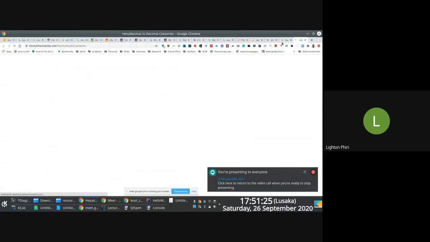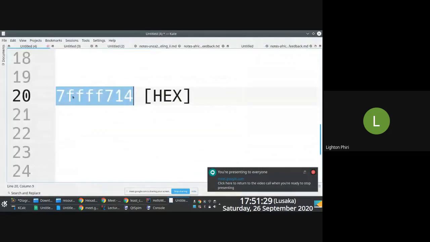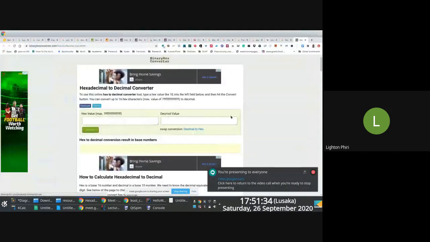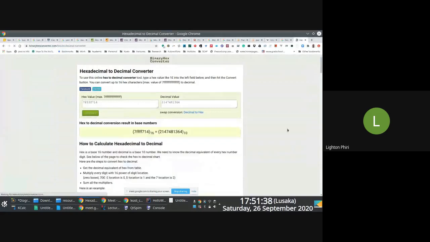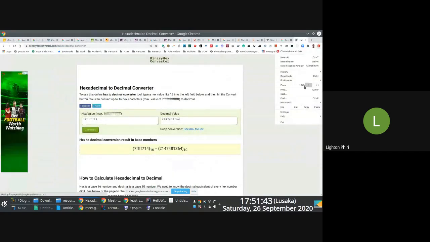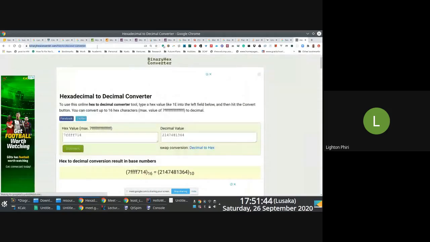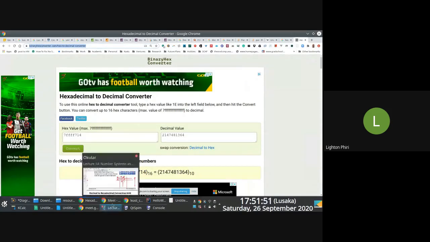Lighton asks you to convert 7FFFF414 to decimal, and you copy it, convert it, and type in that answer. If it's correct, fine, you get a free mark. These are open book assessments anyway. But unless it says explicitly that you show working, you don't have to.